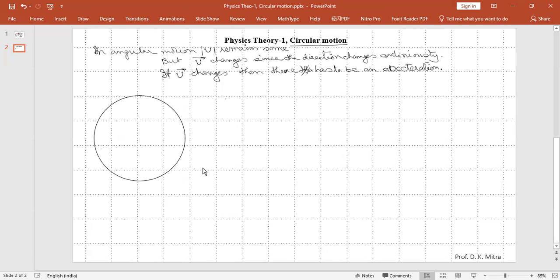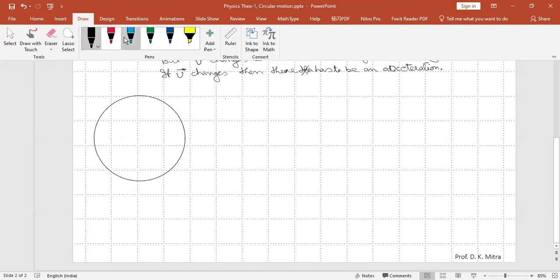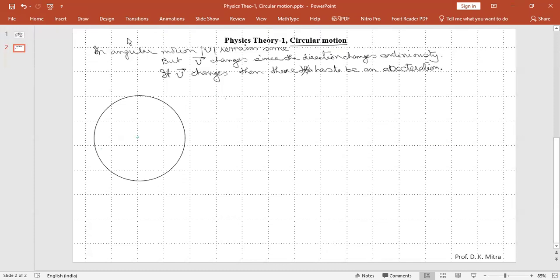For that, once again, let us take this is the center and this is the x-axis, right? And let us consider this is the time t equal to 0.